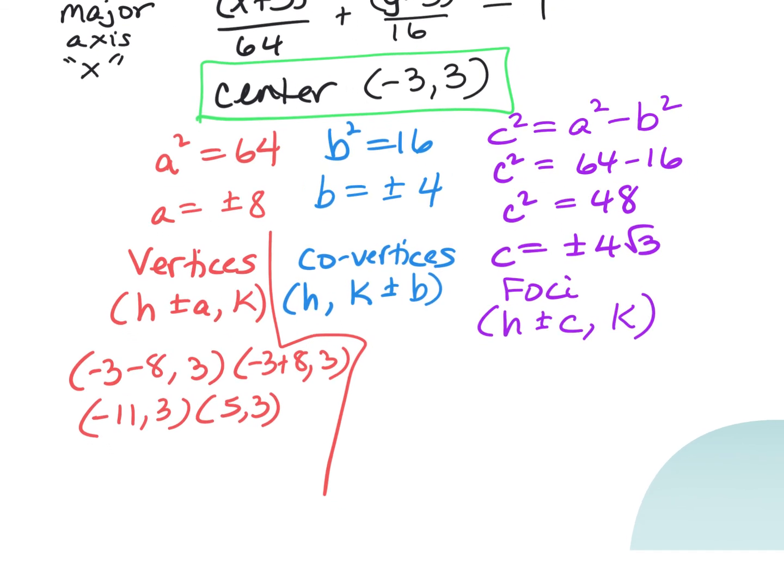Co-vertices. My h value was -3, and then I have to do 3 minus 4, and 3 plus 4. So my two co-vertices are -3, -1, and -3, +7.